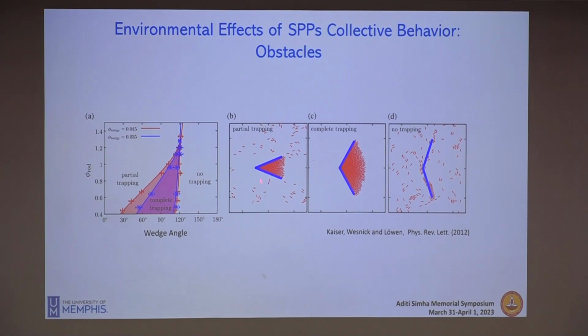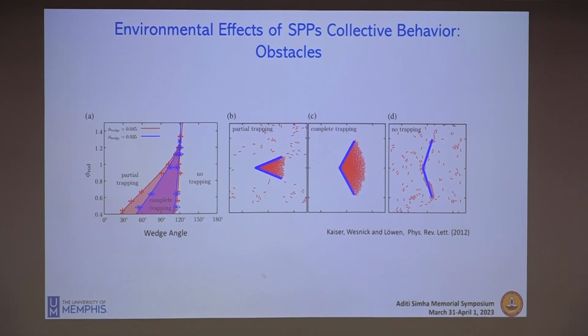What one sees is that there is an intermediate angle of the wedge at which most or all of the particles are accumulated and jammed in that wedge. Otherwise, for small opening angles or large angles, there is a finite density of particles outside or away from the wedge. So there is an interesting phase diagram of the system.